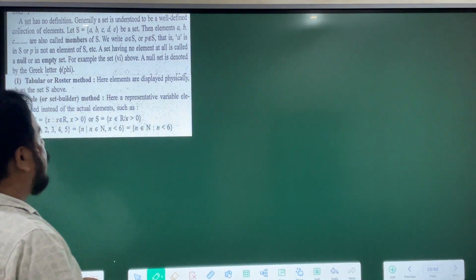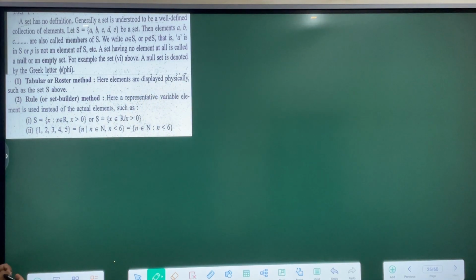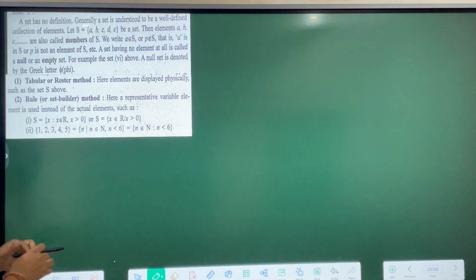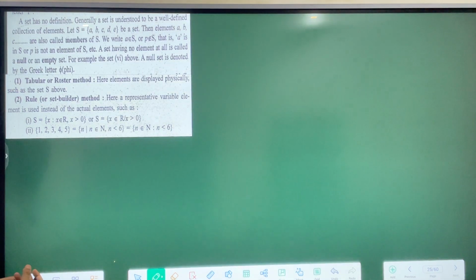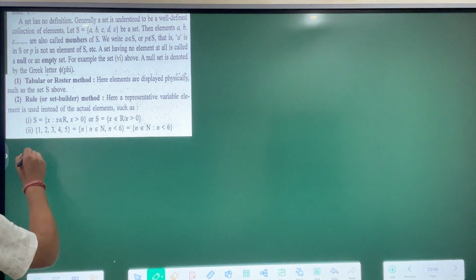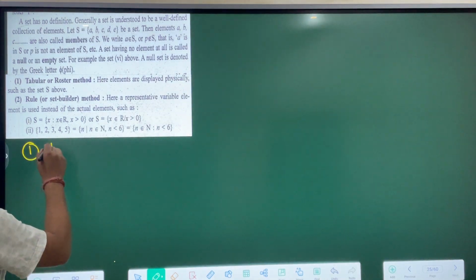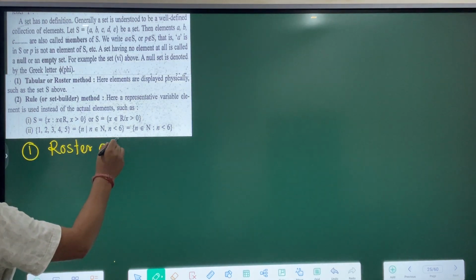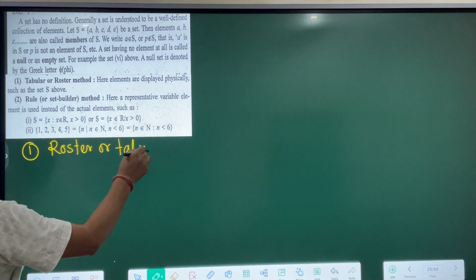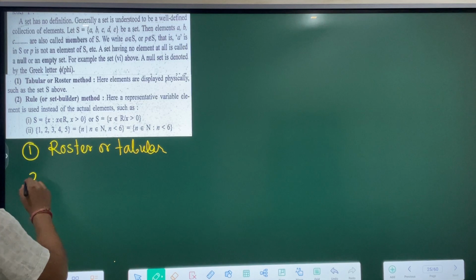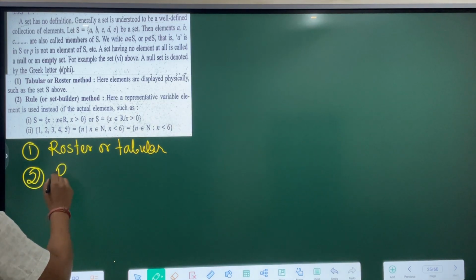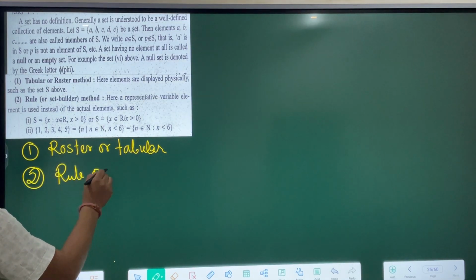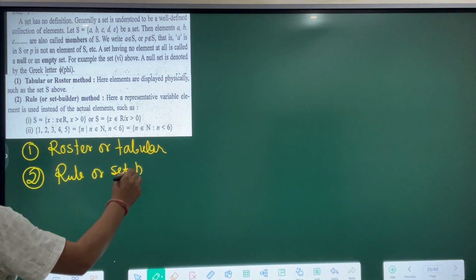So now we will learn how to express a set, and there are two methods. One is roster or tabular. The other one is rule or set builder.